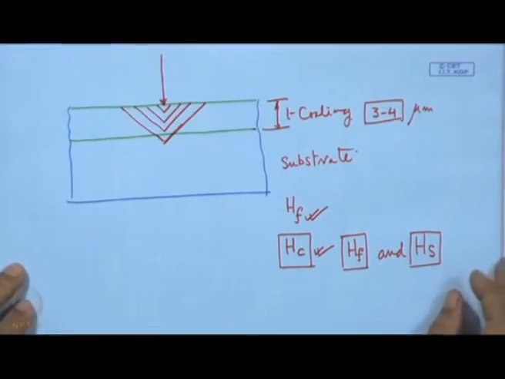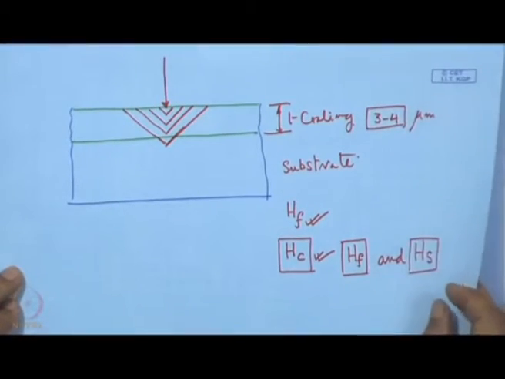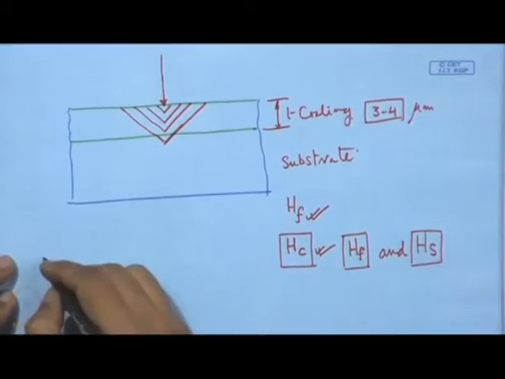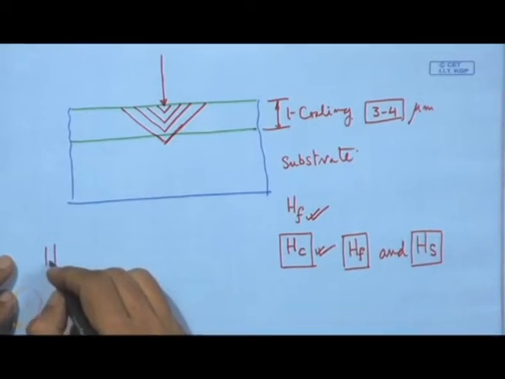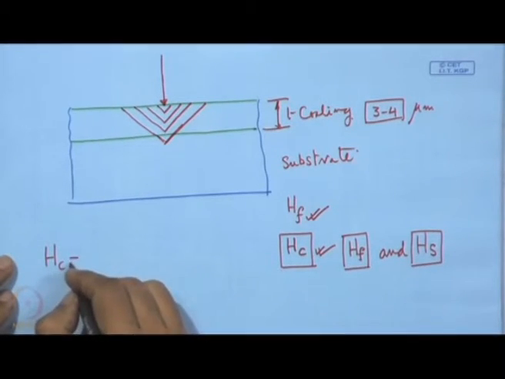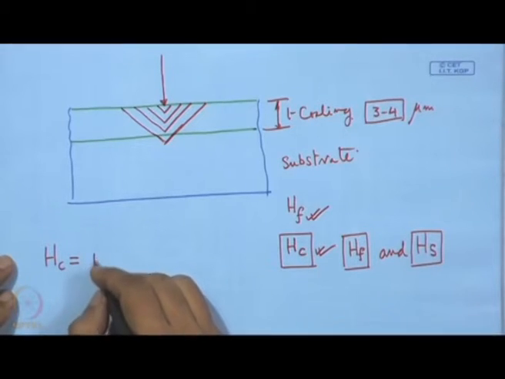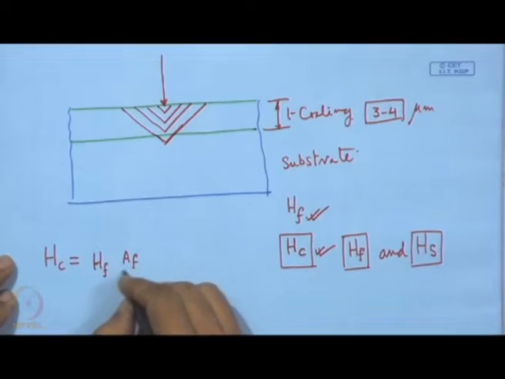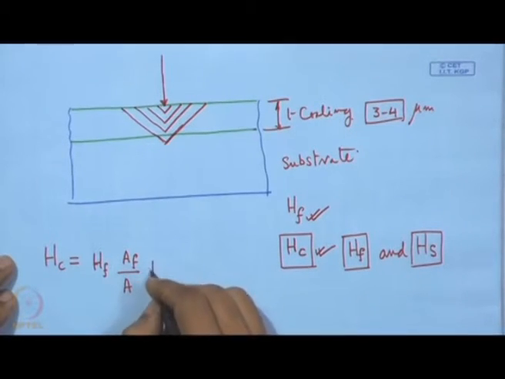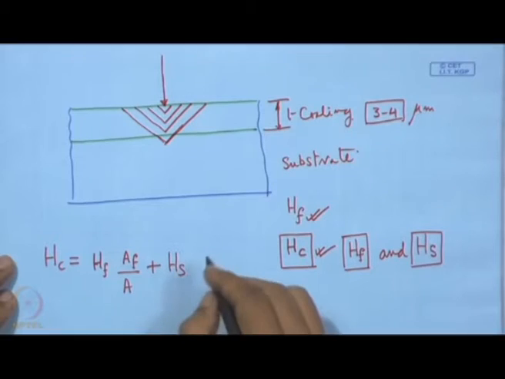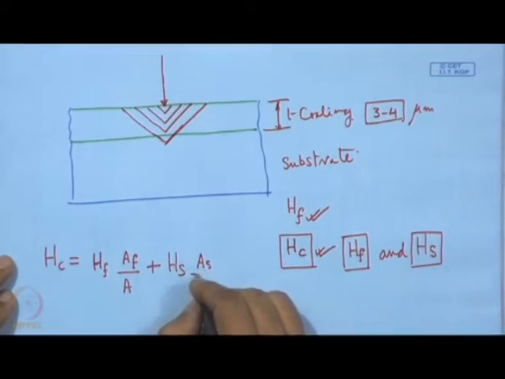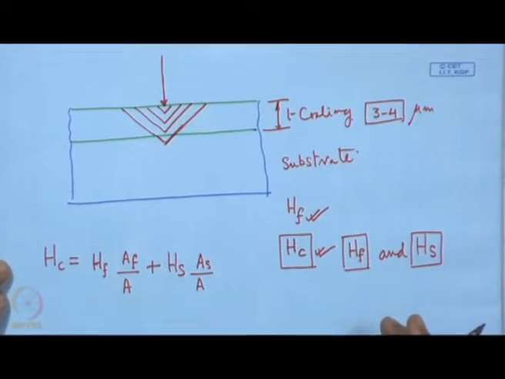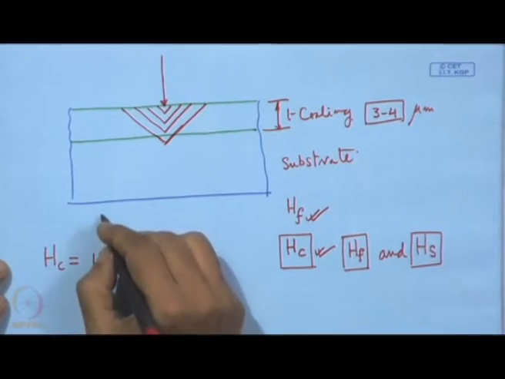That means, here it is written as HC is equal to HF into AF by A plus HS into AS divided by A. So, that is actually called the area mixture approach.